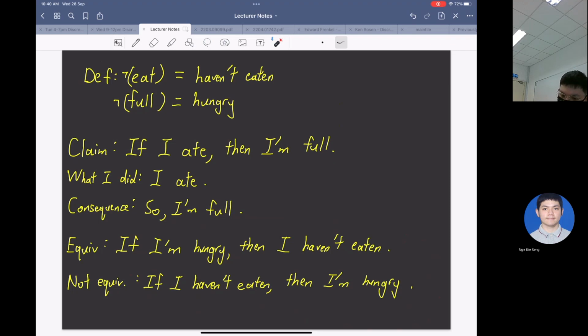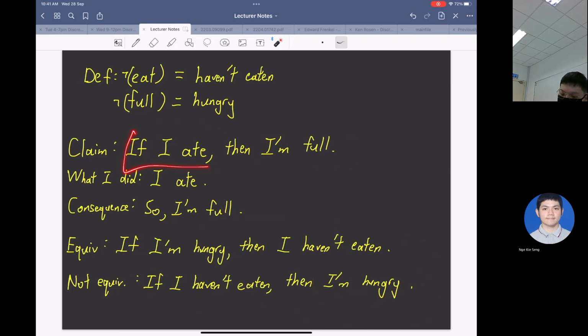So why are they not equivalent? You just say that if you ate, then you are full. But if you are hungry, it doesn't mean that you haven't eaten. Maybe you go do something else. Maybe you do sports, or maybe you do hard work, and then you are hungry.